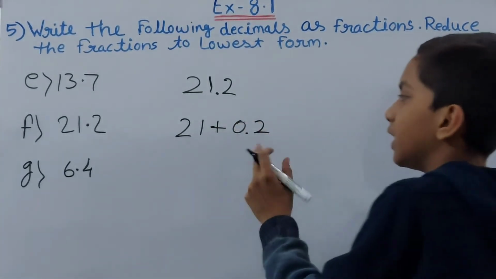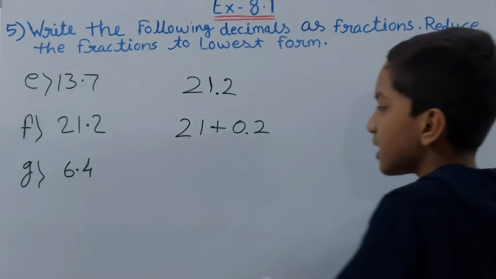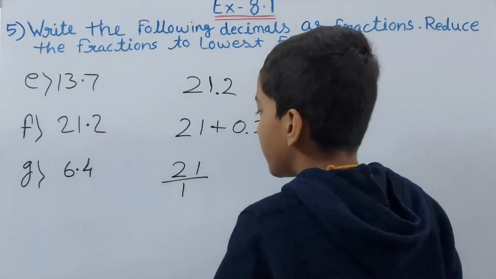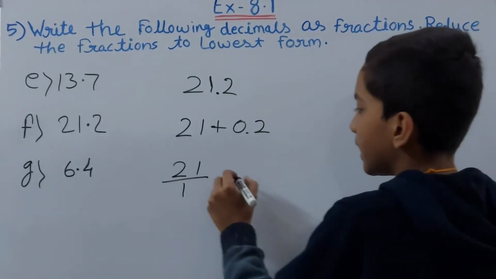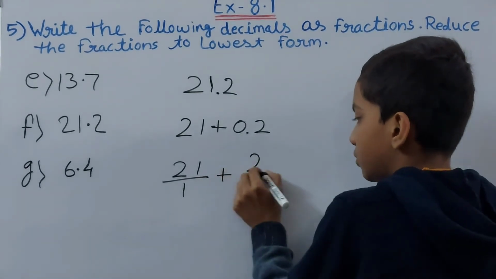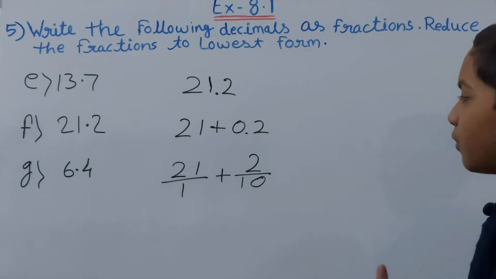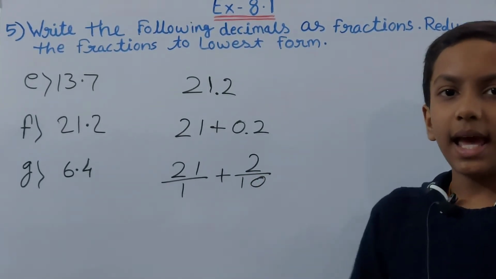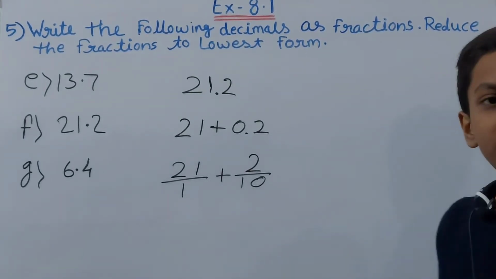So this is 21 plus 0.2, and let's assume this 21 in a fractional form as 21 upon 1, and this 0.2 then becomes 2 upon 10. Alright. So now what we are going to do is add them, but as always here also we are going to make the denominators same.